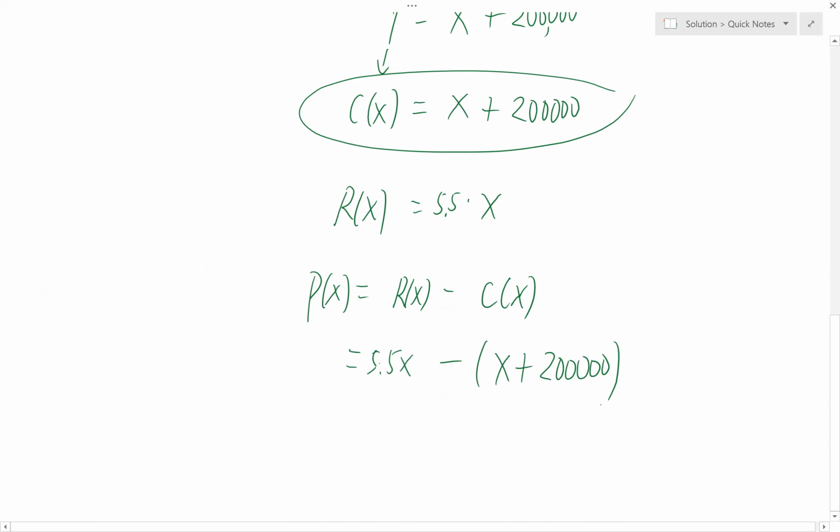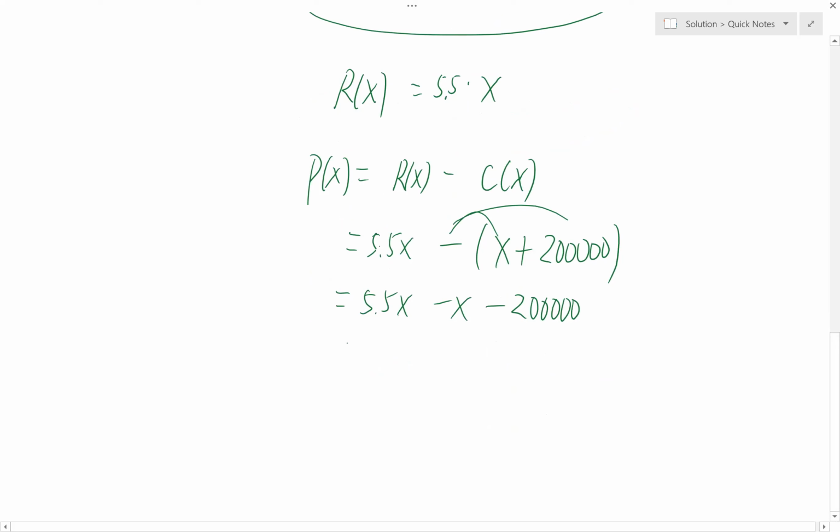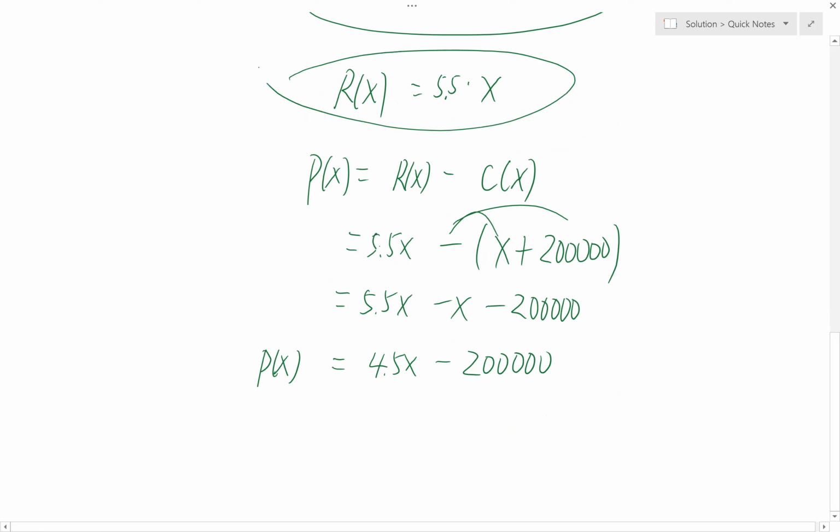Then we distribute the negative sign. So I have 5.5x minus x minus 200,000. Simplifying the profit function, we get 4.5x minus 200,000. And we have a profit function. Okay, that's that. So all three functions are properly set up.